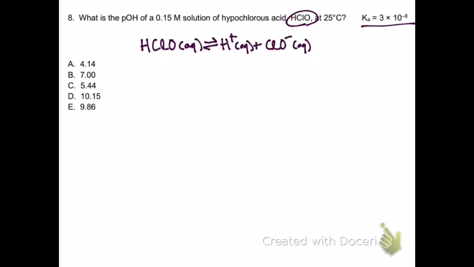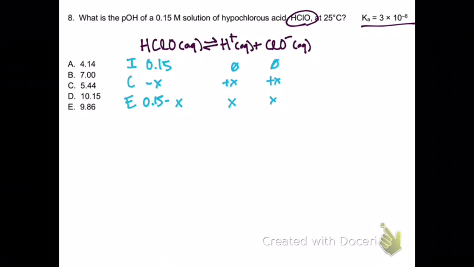Then we're going to do a little ICE action. We're starting with 0.15 molar of this, and 0 and 0. It's going to be minus x, plus x, and plus x. 0 plus x is x, 0 plus x is x, and 0.15 minus x is 0.15 minus x. So now we're halfway there.